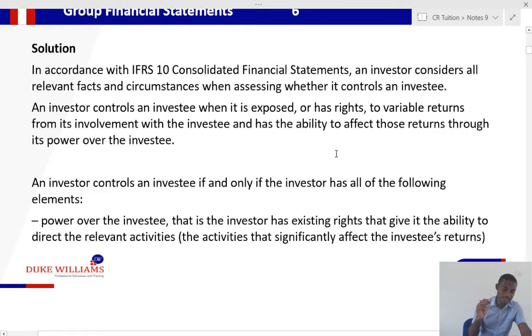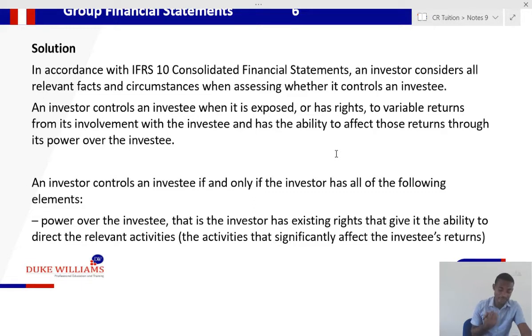Here we say that in accordance with IFRS 10, an investor considers all relevant facts and circumstances when assessing whether it controls an investee. An investor controls an investee when it is exposed or has a right to variable returns from its involvement with the investee, and has the ability to affect those returns through its power over the investee.